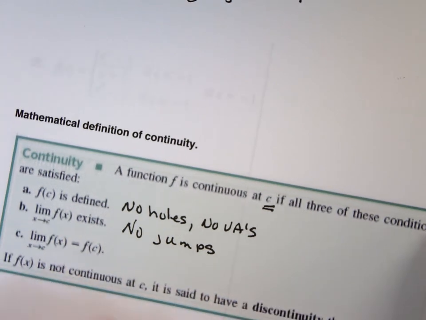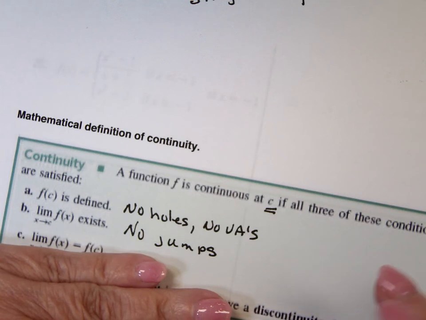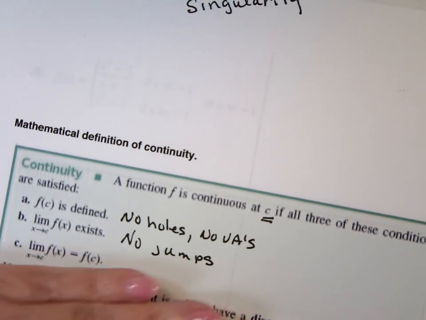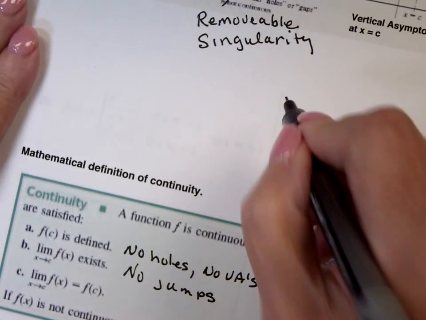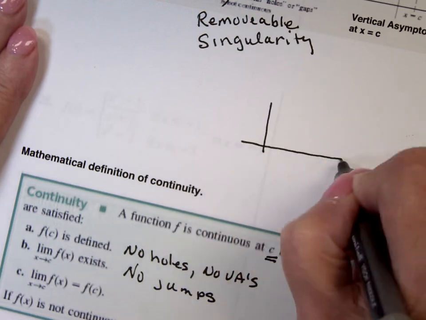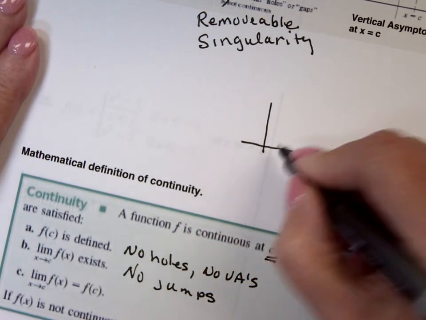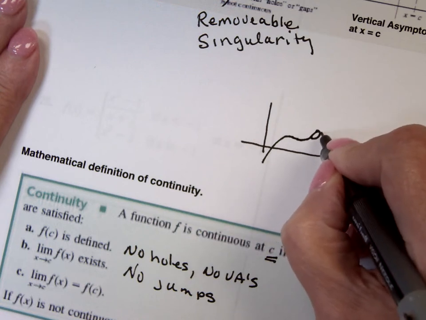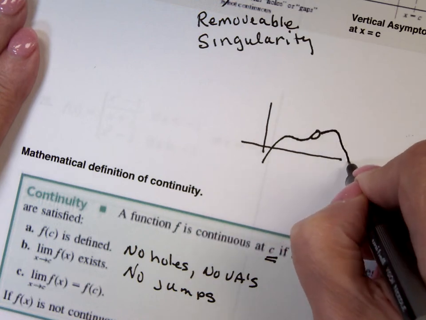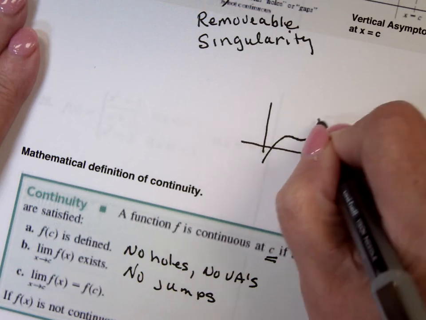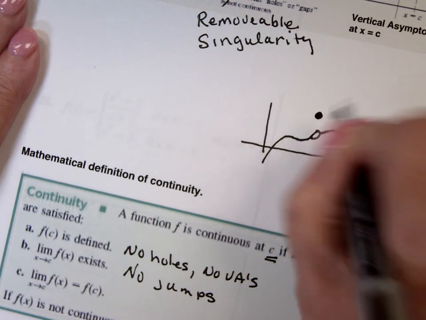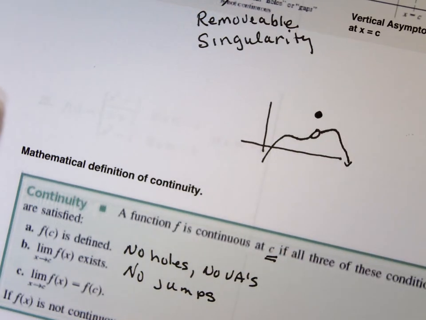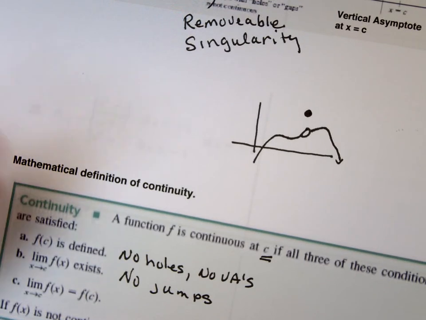And here's the kicker. That's not enough. And you're going to say, well, why is that not enough? Well, here's the problem. You say, well, it has a hole.